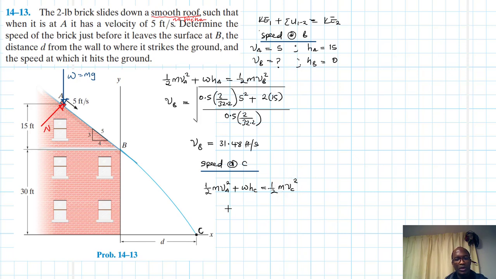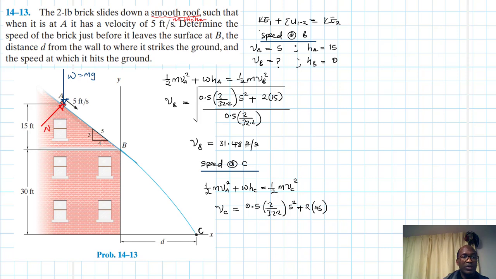This is one of the ways, and our VC is just going to be equal to the square root of 0.5 by m, which is 2 divided by 32.2, times VA, 5 squared, plus W, which is 2, by HC, and our HC is 45.